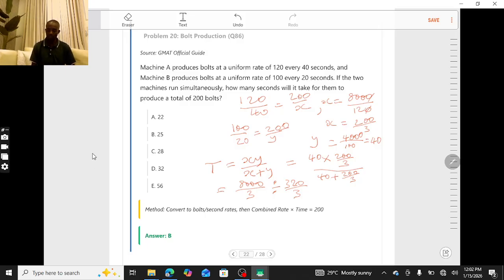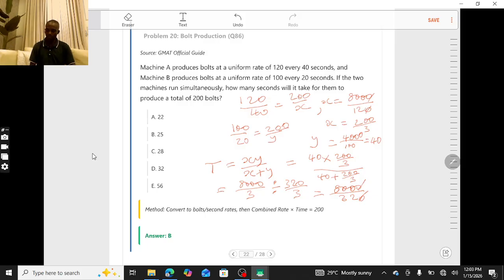Now, if you turn this upside down, what is remaining is 800 over 320, not 8,000, thank you. The 0 cancels 0.